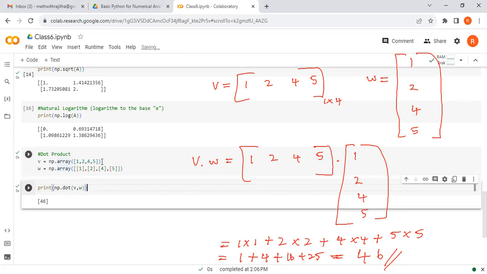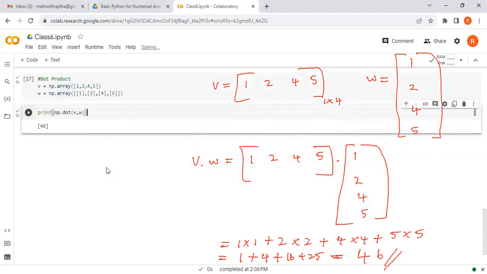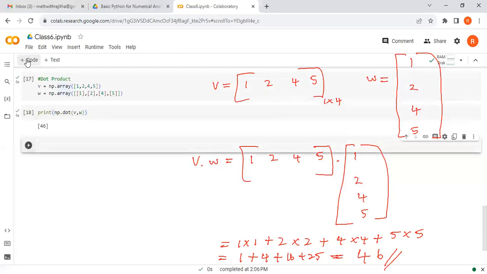Next, cross product. Now, this is a good opportunity for you to actually know the mathematics behind every NumPy command instead of blindly executing commands. Cross product.